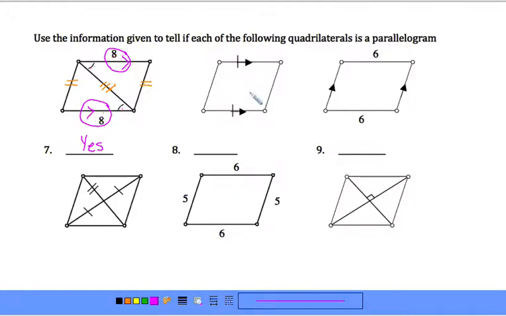I can avoid all that work on number 8 if I just remember, again, if one set of opposite sides is both congruent and parallel to the other side, that's a yes. So number 8, same reason.